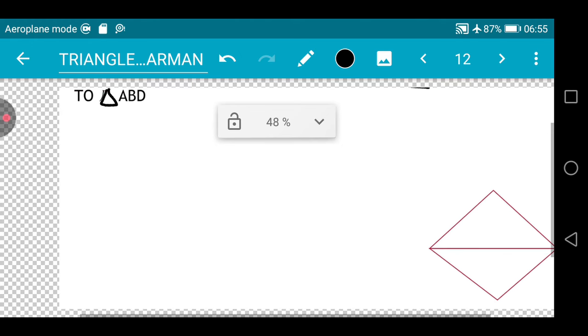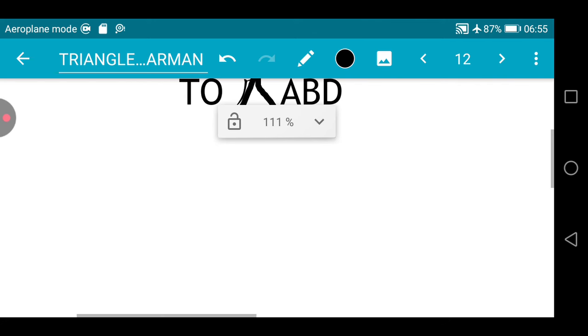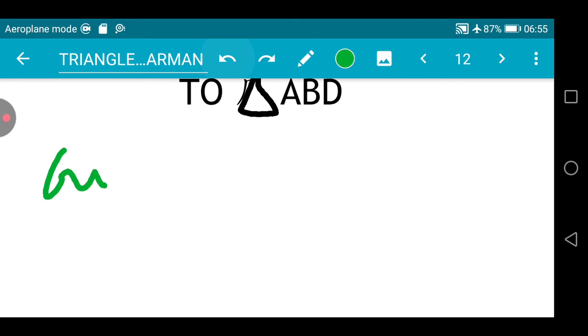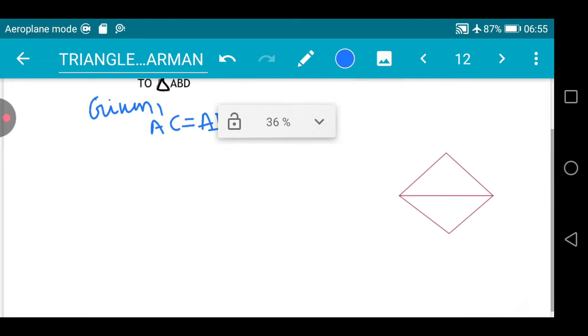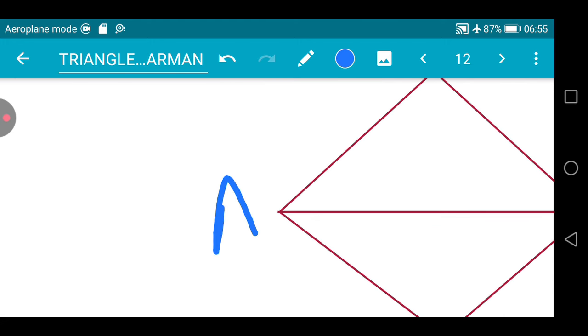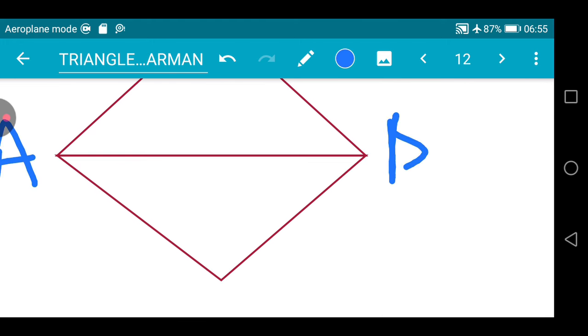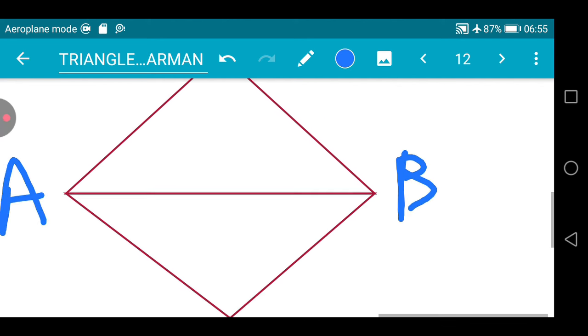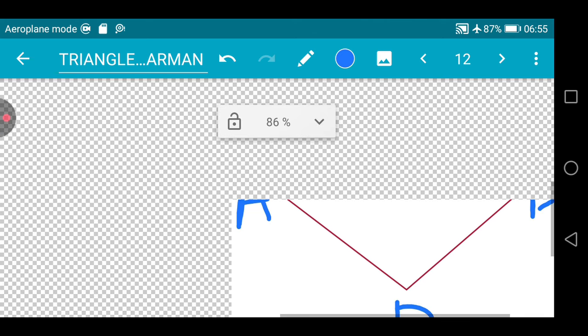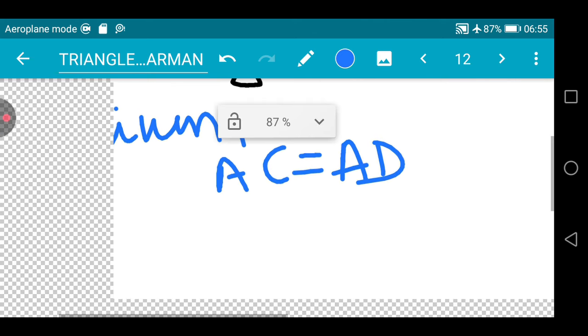What is given? First we will write given. Given AC equal to AD. First I am marking the figure. This is A, B, C and D. Now let's write given.